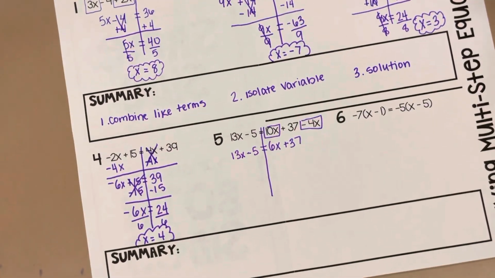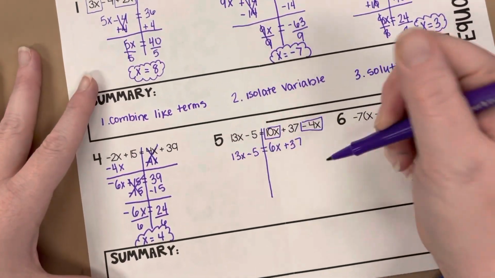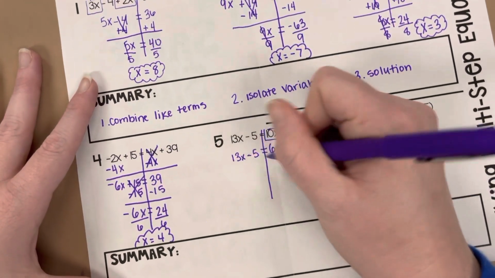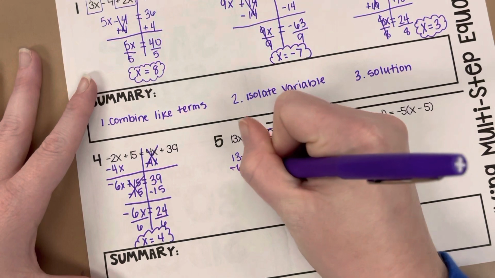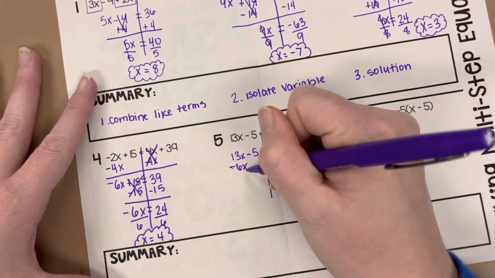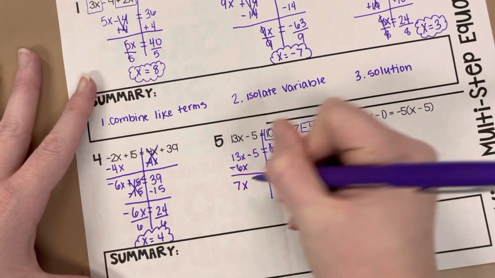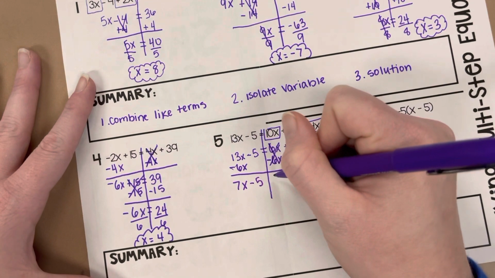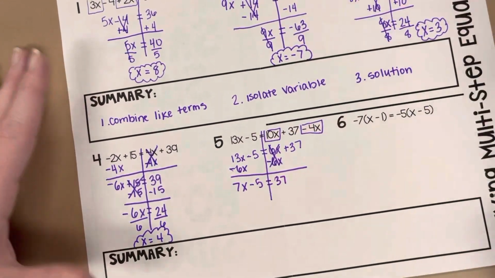Okay, now for the next part, I'm going to move this 6x over to this side. Remember, you can't just combine across, it has to be moved. So we say minus 6x and minus 6x. And now these are on the same side, so I can combine, and I get 7x. Bring down the minus 5, and it equals 37.